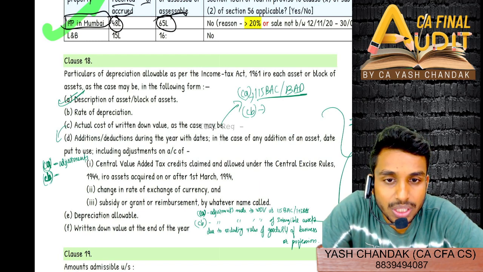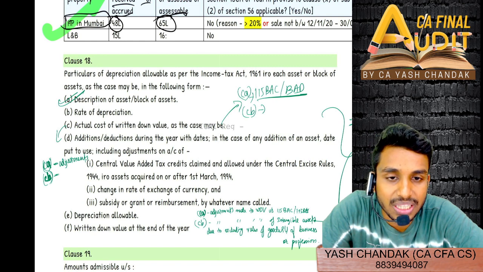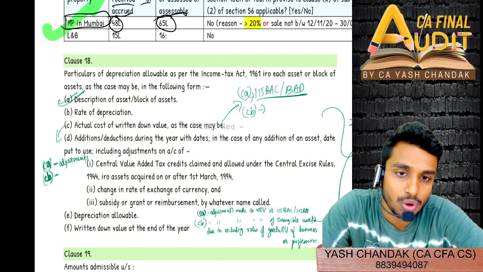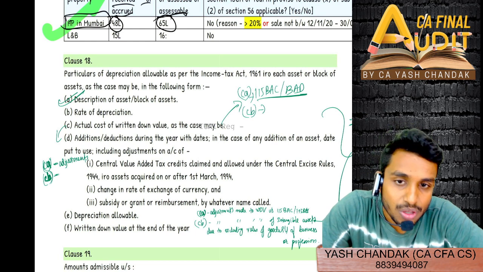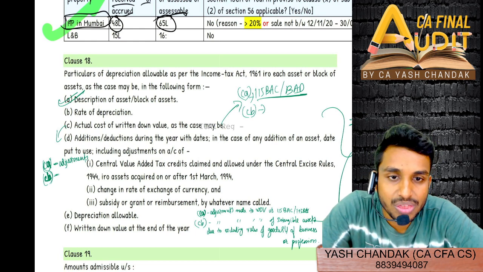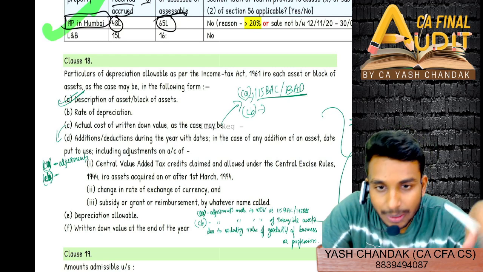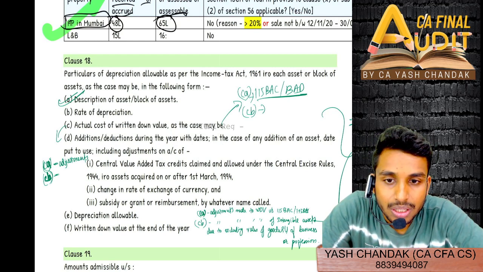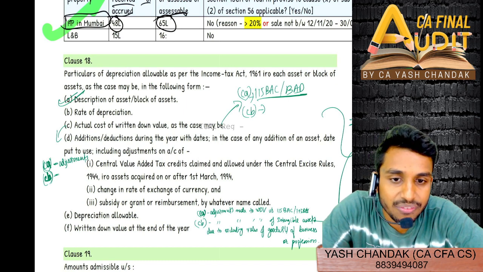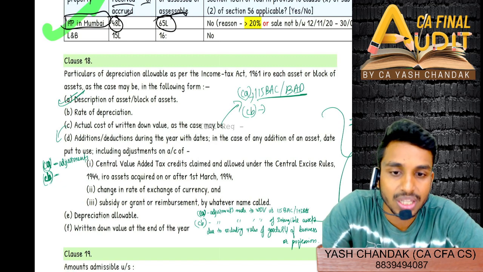Then if an asset is newly coming into existence during the previous year, the auditor has to check some samples of vouchers reflecting payment made by the assessee to check the actual cost. Then the basis of determining cost of intangible assets should be examined carefully. For verifying CENVAT credit, a long para is given. Then section 43, a long para is given, and in case of subsidy, the auditor can verify the existence thereof by going through the letter of the appropriate authority granting the subsidy, and its receipt.